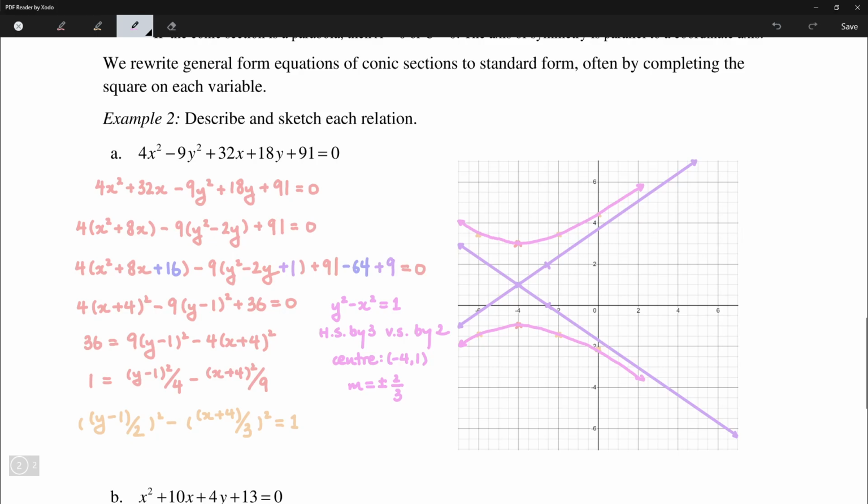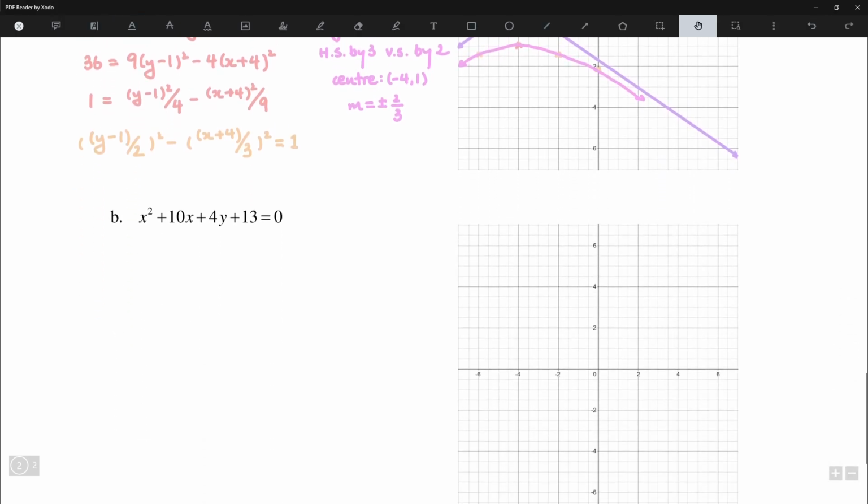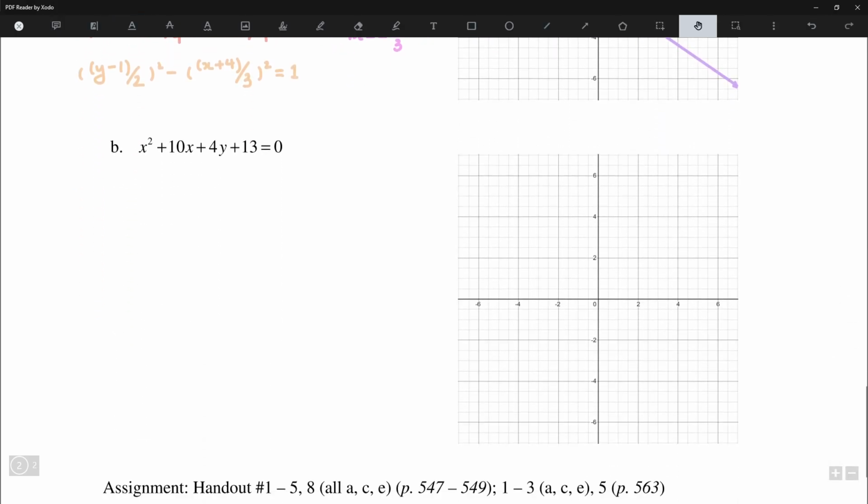All right, so let's look at one more of these kind of examples. And this time we can see that the equation is going to give us a parabola. Note that there's no y squared term. So we'll start by completing the square once again.